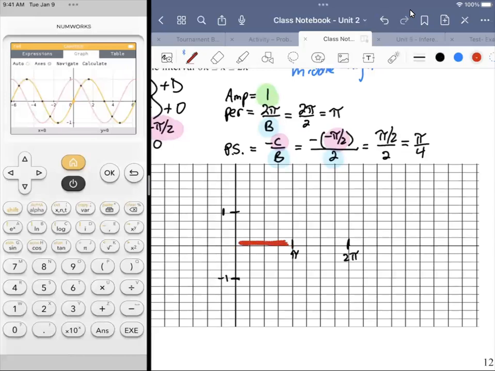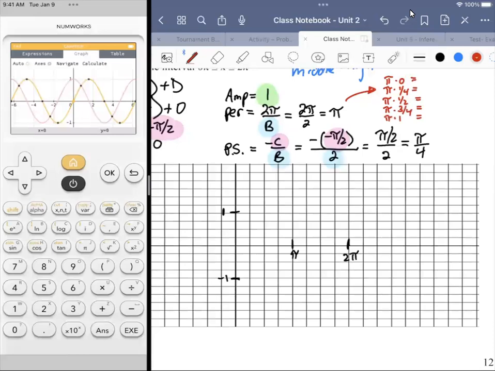Anytime you have a period, you break it up into quarters. If you need to, you just do it off on the side: pi times 0, pi times a quarter, pi times a half, pi times 3/4, and then pi times 1. That's if you need the values.